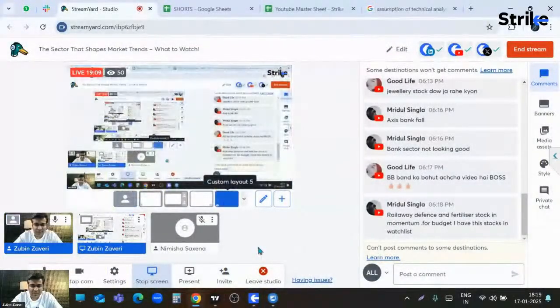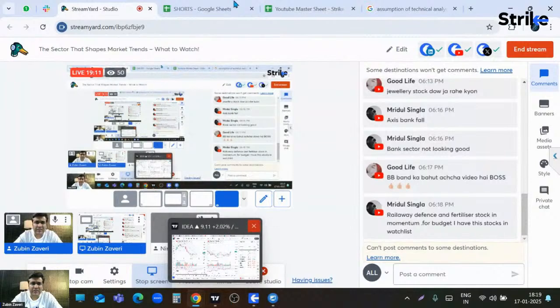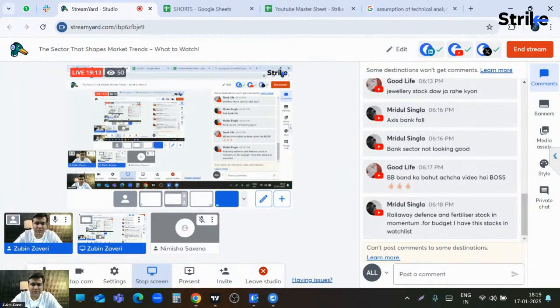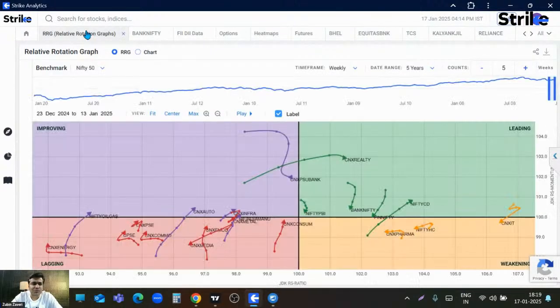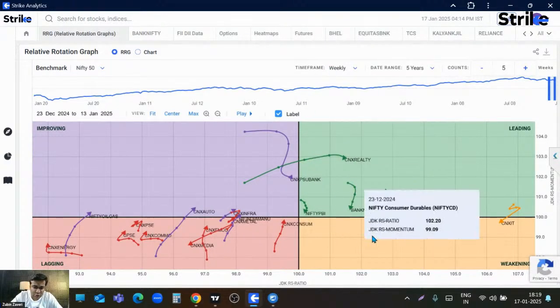Okay, let's try to understand which sector could give some movement on the RRG. Here it is. So that's a weekly chart of RRG. All right. On the weekly chart in this week, what has crossed borders?